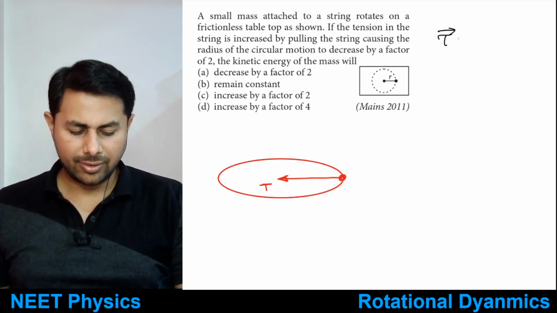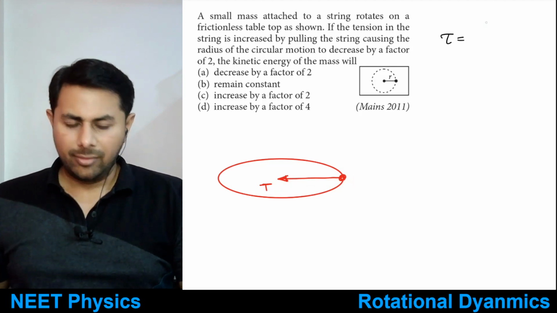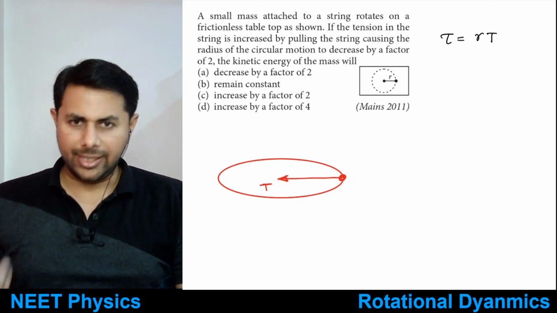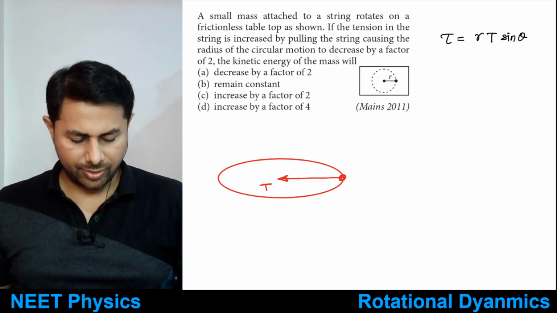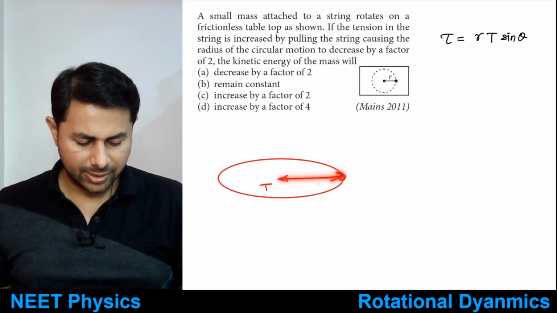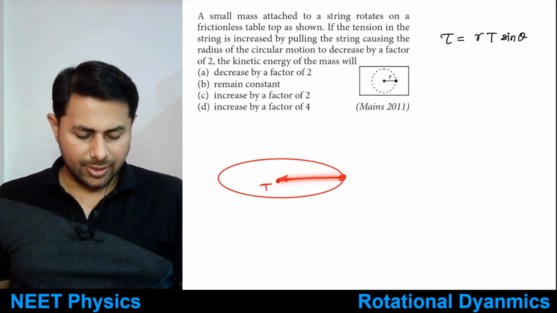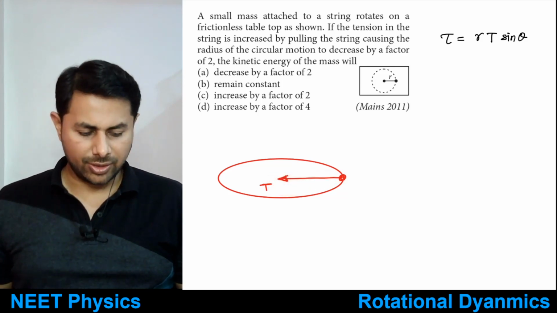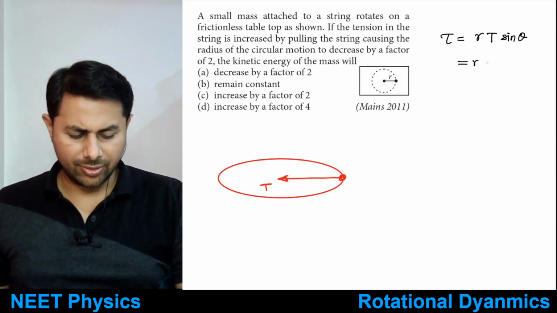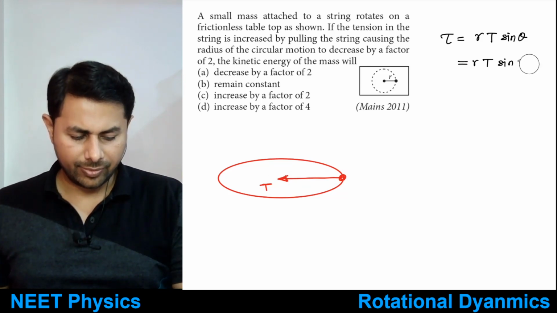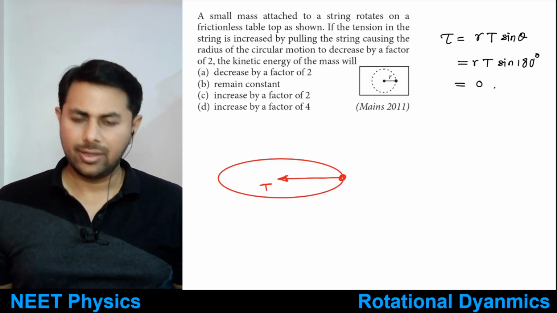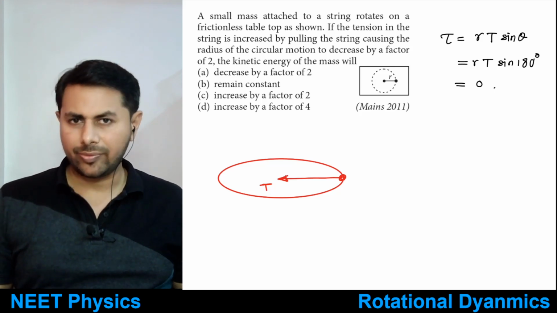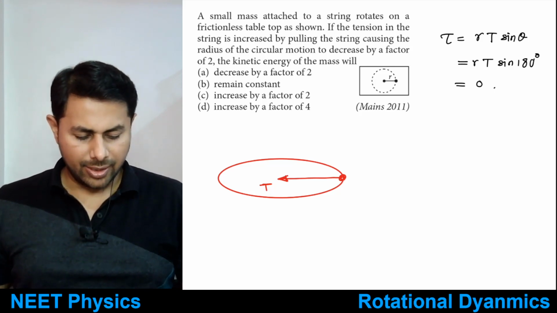So what is the torque? It will be r times tension, because tension is the force here, times sine theta. And what is theta here? So r, the position vector, is directed like this, and T is directed like this, so theta is 180 degrees. Sine 180 is 0, so r T sine 180 is 0, and therefore torque is equal to 0. So there is no external torque acting on this, so angular momentum remains conserved.